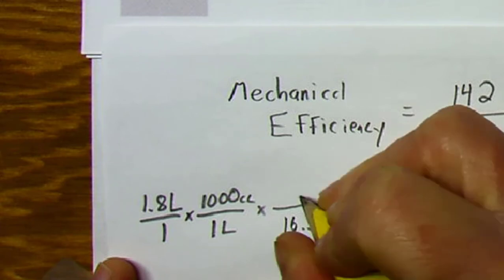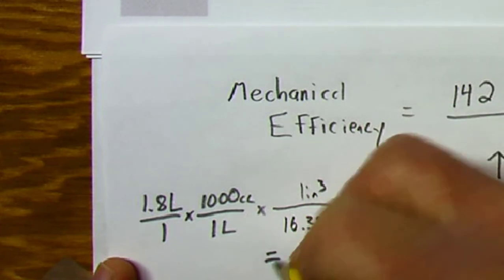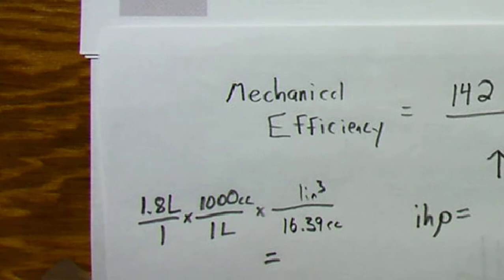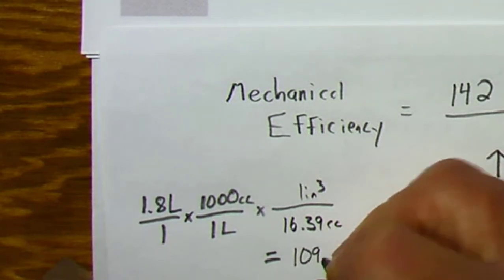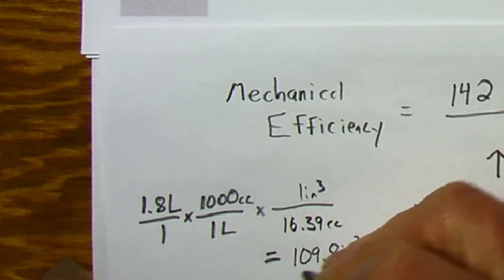16.39 cc's per cubic inch. And that 1.8 liter VTEC turns out to be 109.8 cubic inches.